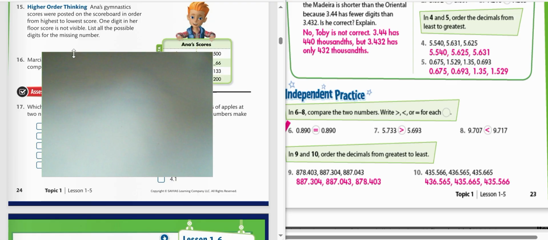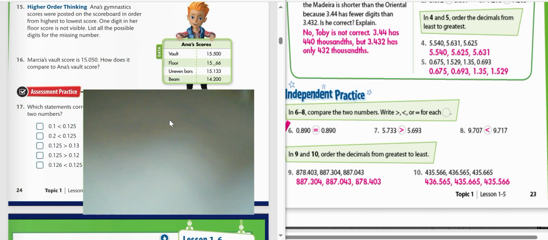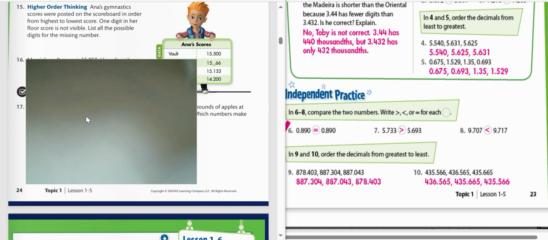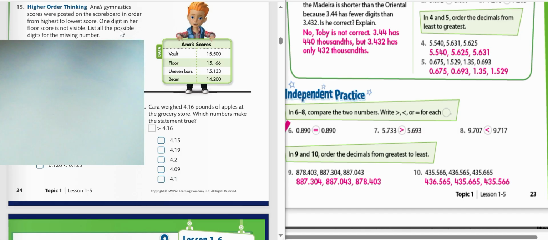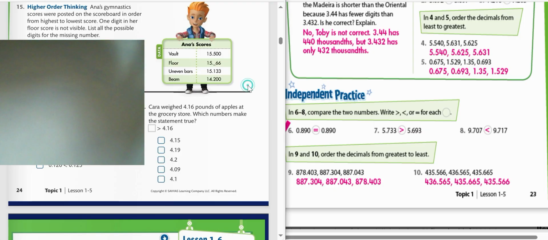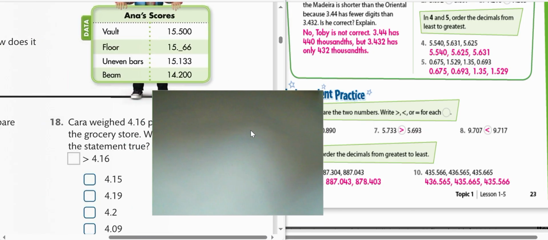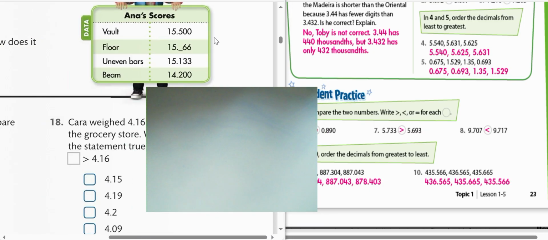Scores were posted, in order from highest to lowest, so we can arrange. We want to arrange the numbers here, the order from highest to lowest, from the greatest to smallest. The greatest number here is 15.66.